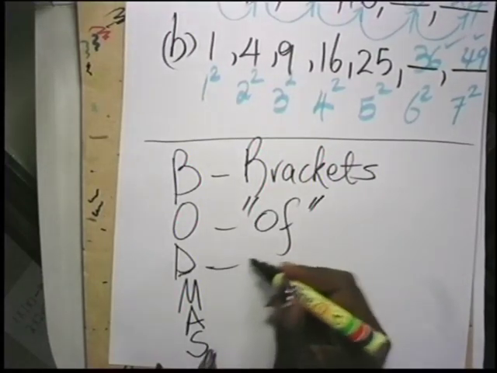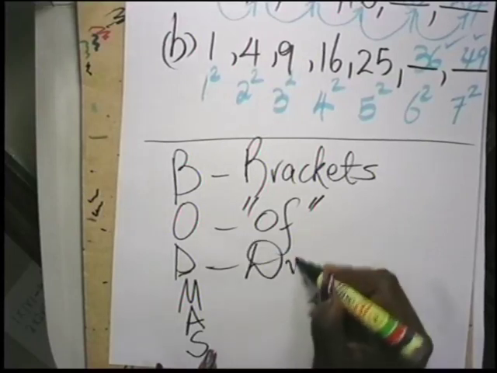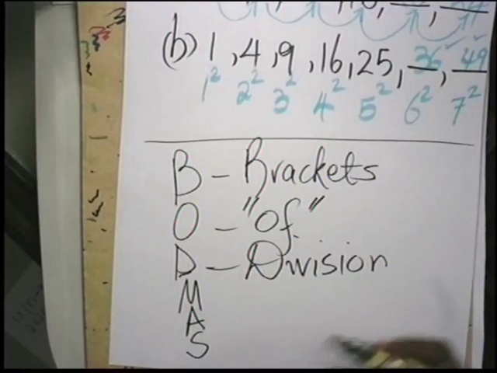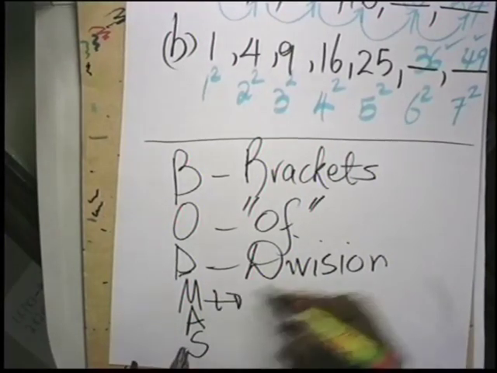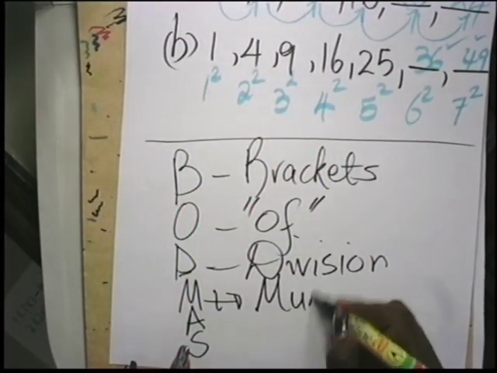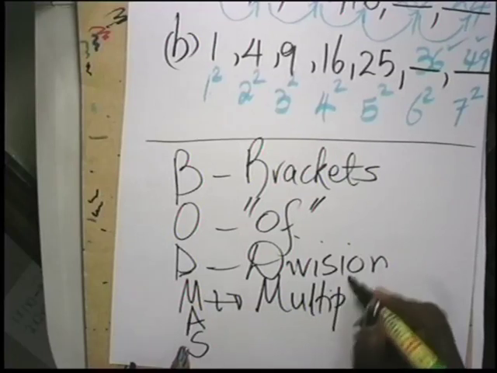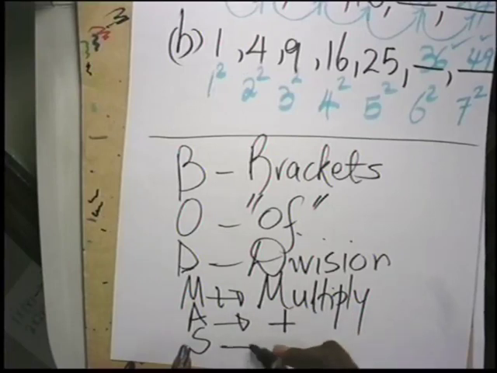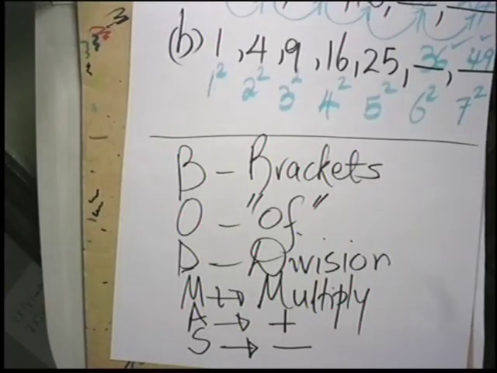D stands for division. M stands for multiplication. A stands for addition and S stands for subtraction.